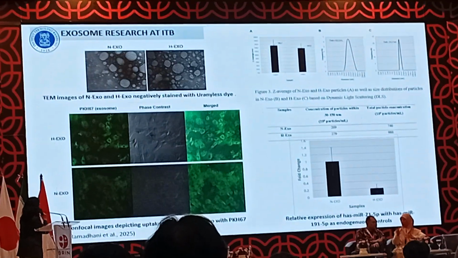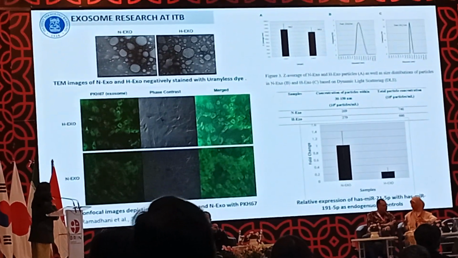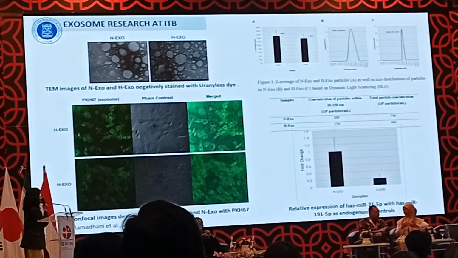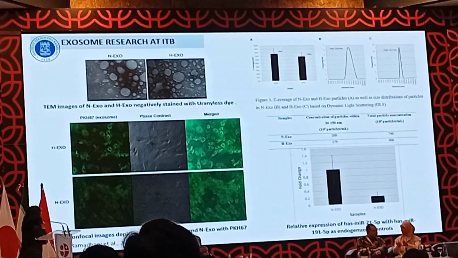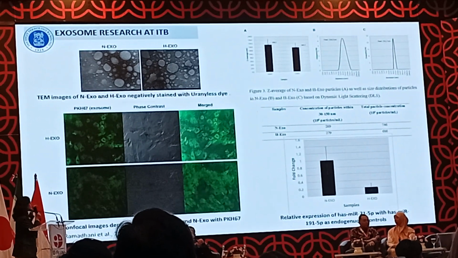Next slide, please. So also the other research, this is a collaboration, I think, with SCI, Calbe, and we can also have it from the UC cell line.